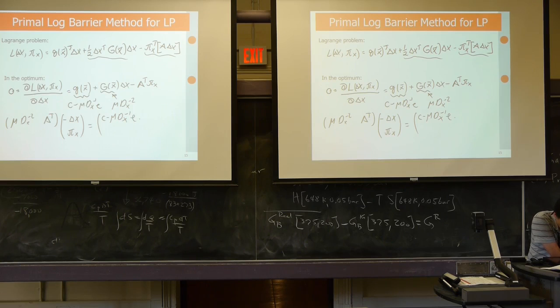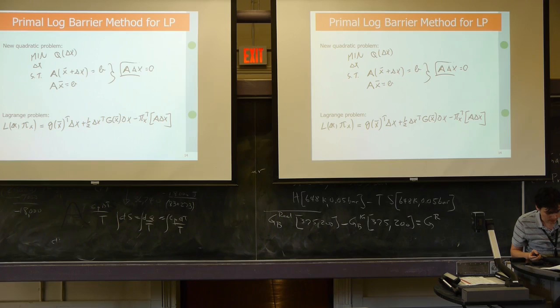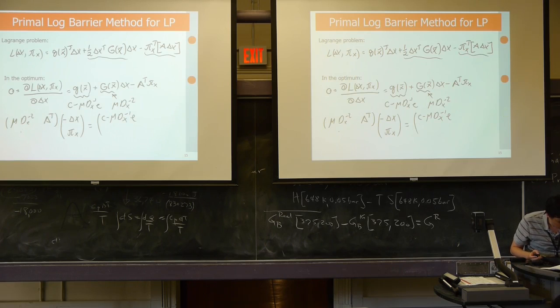And we also had another constraint, that A delta x was 0, right? So I write that here this way. From the Lagrange function, we got the first row of this equation, and from the other constraint that A times delta x is 0, we got the second row.